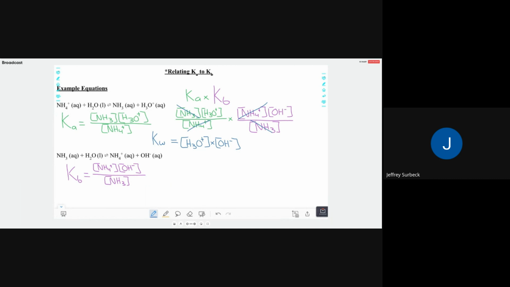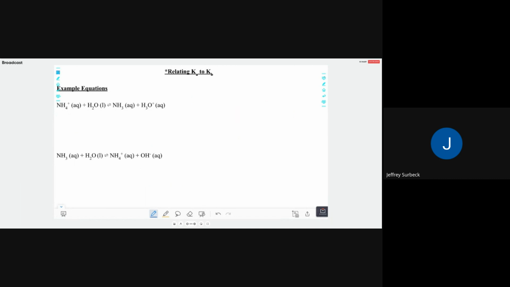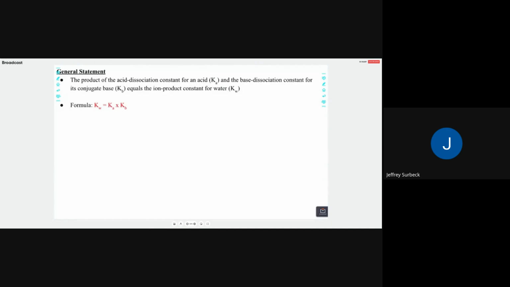All right, moving on. We have our next item where I just rewrite this formula. One thing I want you to remember is this: the product of the acid dissociation constant and the base dissociation constant, multiplied together, is equal to KW. Remember, you get this on the AP appendix or the formula chart, and it's really important to start referring to that.